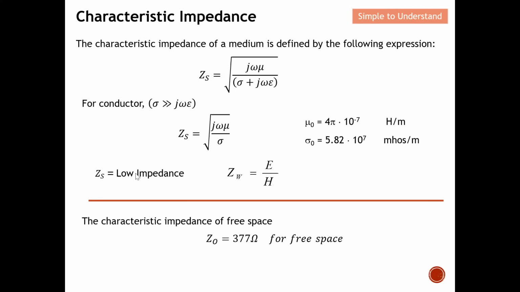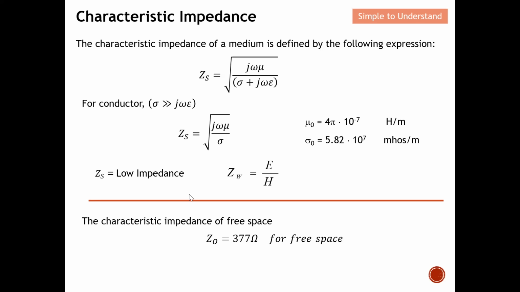And again, from here you can see that if it is dominated by the electric field, my wave impedance will be a big number. The big number is going to have a huge mismatch with the characteristic impedance of the medium, which has a low impedance. Therefore, a good conductor material will be very effective for reflection.